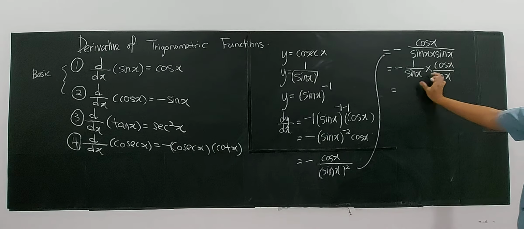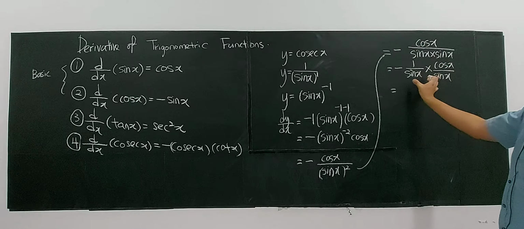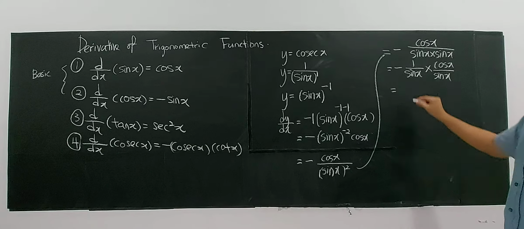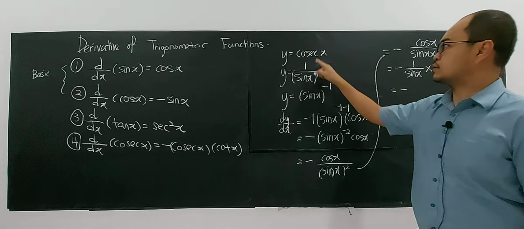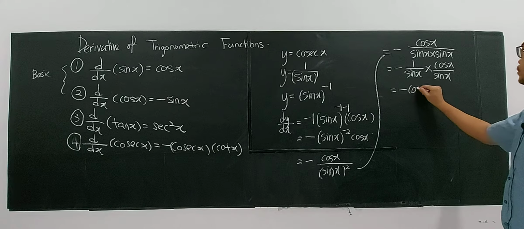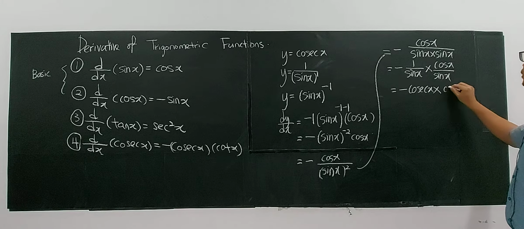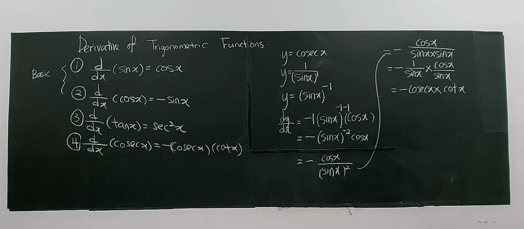You see carefully, you have a fraction, so you have 1 over sine x multiplied with cos x over sine x. And you know that 1 over sine x is cosecant x. Cosecant x. And cos over sine is cotangent x.